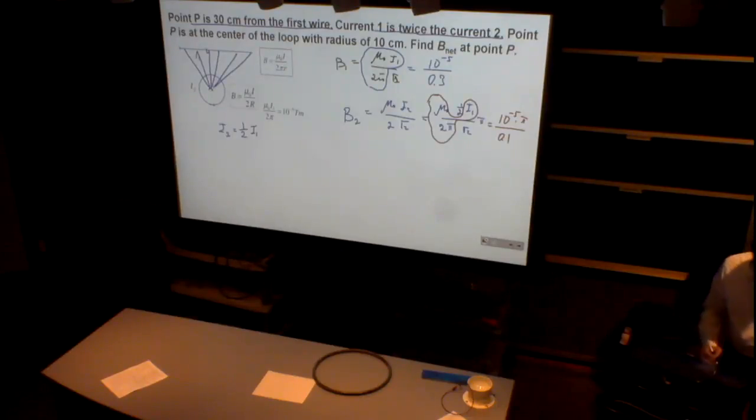And now, as we said, B1 points out of the screen, and B2, just checking, also points out of the screen. Hence, B net is just B1 plus B2 in magnitudes.